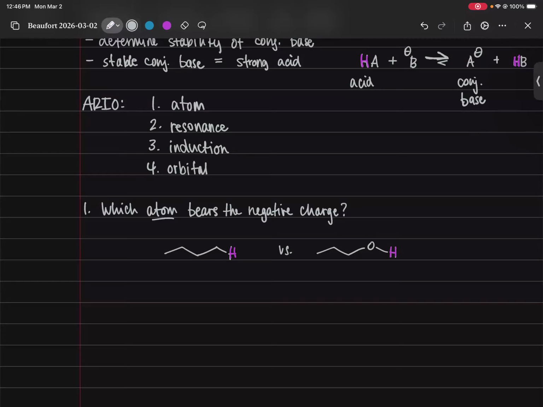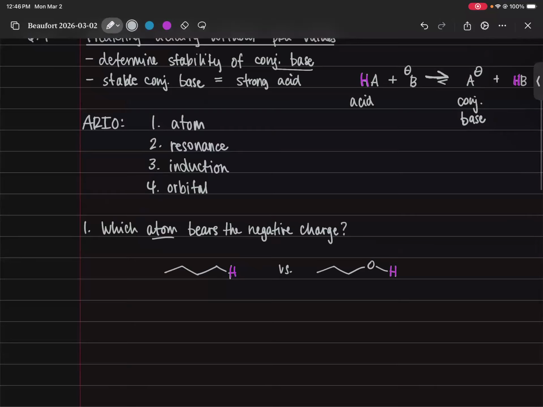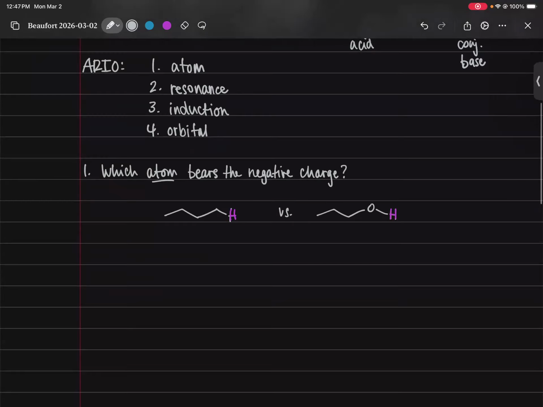So the first thing we want to do is, well, this whole process, we're looking at the conjugate base of these acids. So the first thing we're always going to do is draw the conjugate base. If you can do this in your head, that's fine, but I would recommend drawing it out. So the conjugate base is just the molecule donating that pink proton to something.